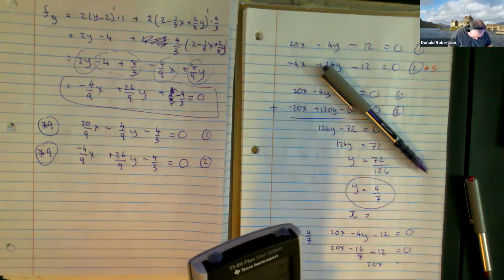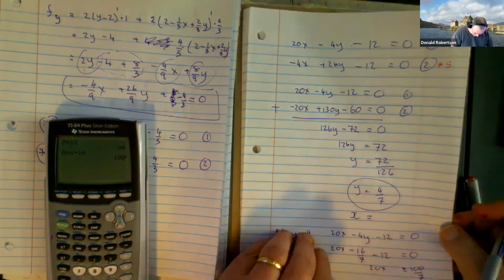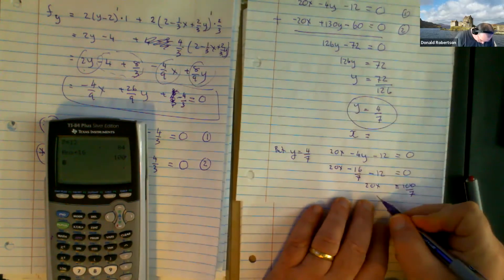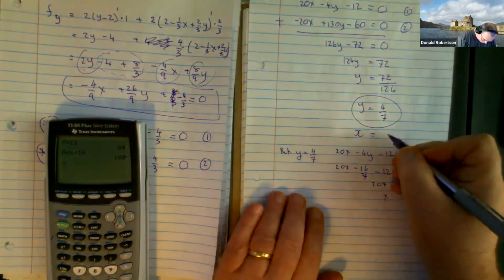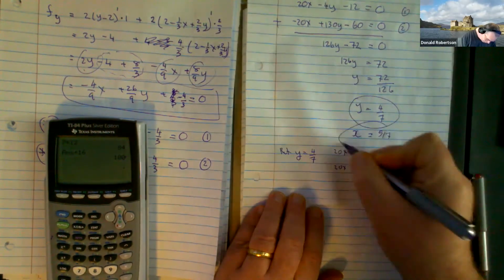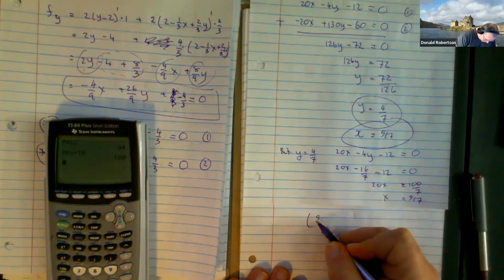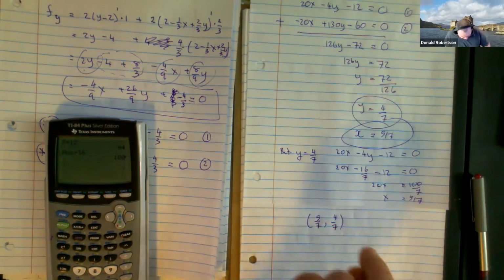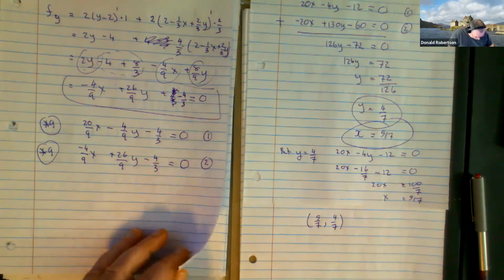Okay. Would you believe it? It's 100/7. That means that to get x, you just divide everybody by 20 and you get 5/7. And so there is only one critical number and its value is 5/7, 4/7. So that guy is actually the coordinates of Q.